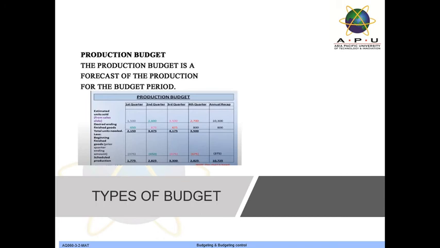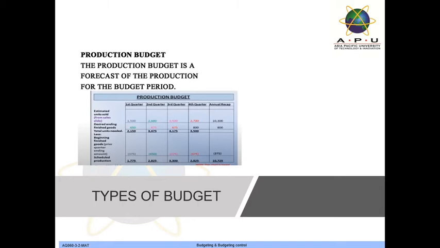Then we go to the production budget. After we know the forecast sales for the year, then we go to the production budget. The production budget is the forecast of the production for the budget period.